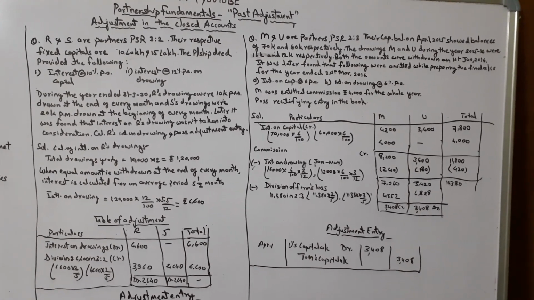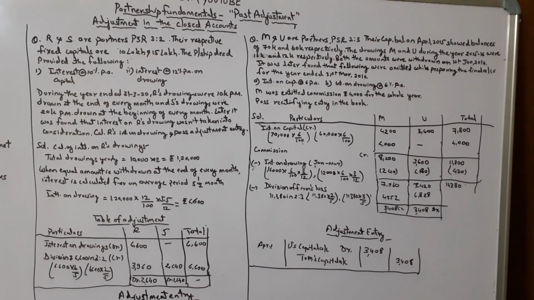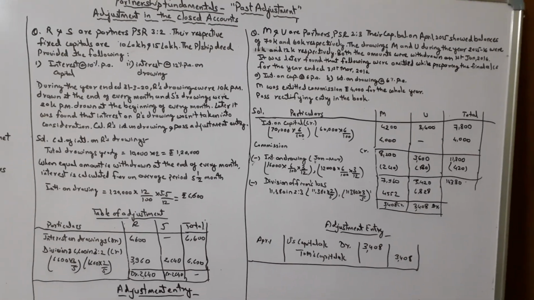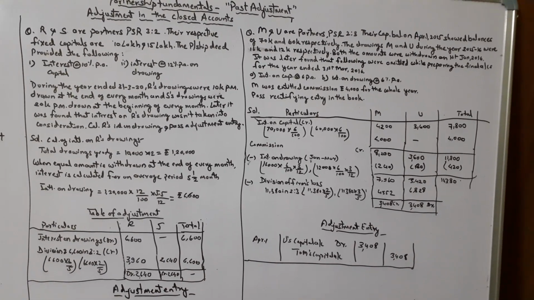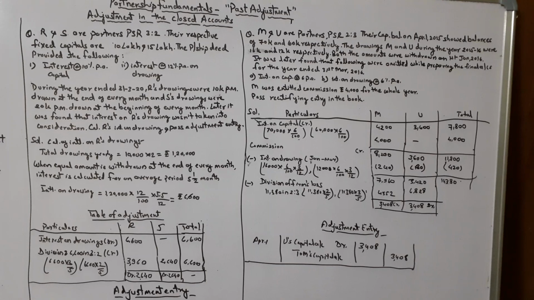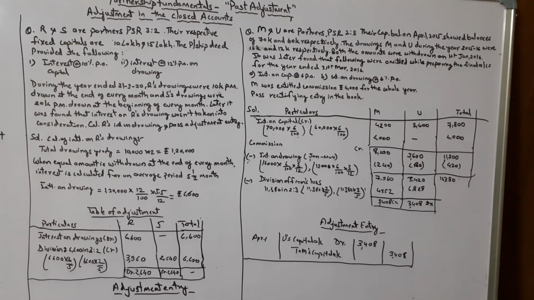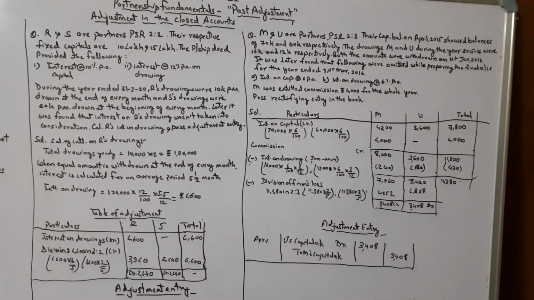Now the division of loss. The total of this 8,200 and 3,600 gives you 11,800 in the fourth column. And you deduct this total interest on drawings. This way you get 11,380 as your loss.